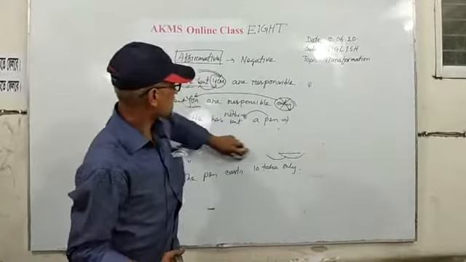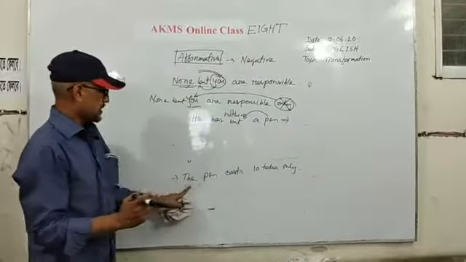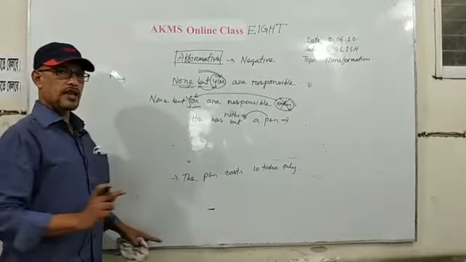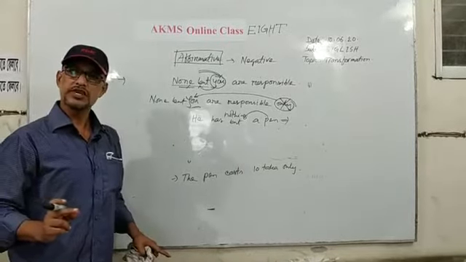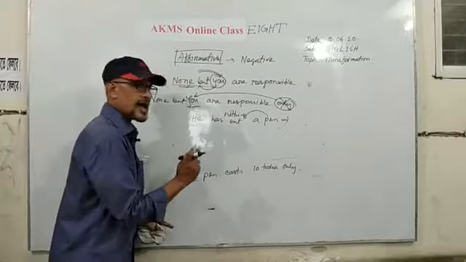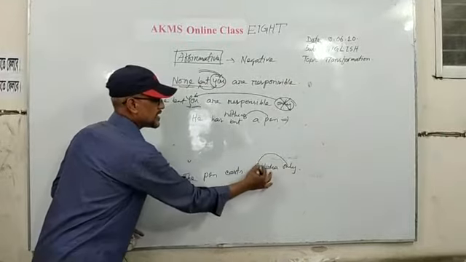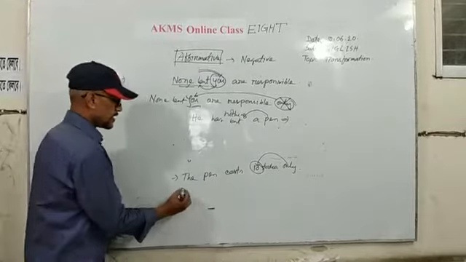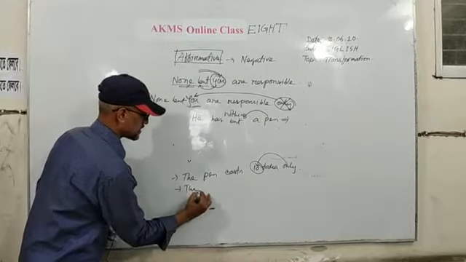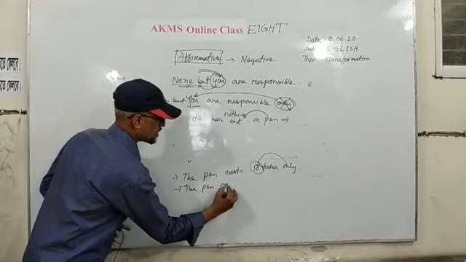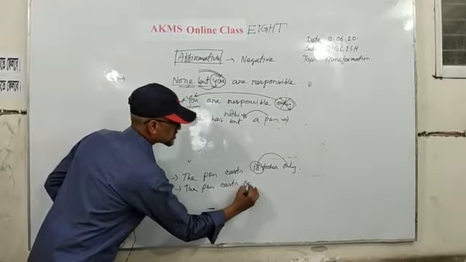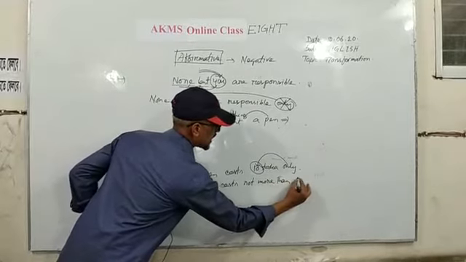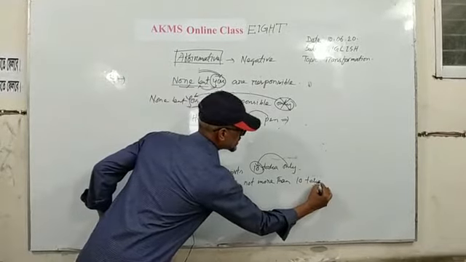The second sentence is the pen costs 10 taka only. How can you transform it into negative? You should identify that only indicates 10. 10 is a number, and you will write the pen costs not more than 10 taka.